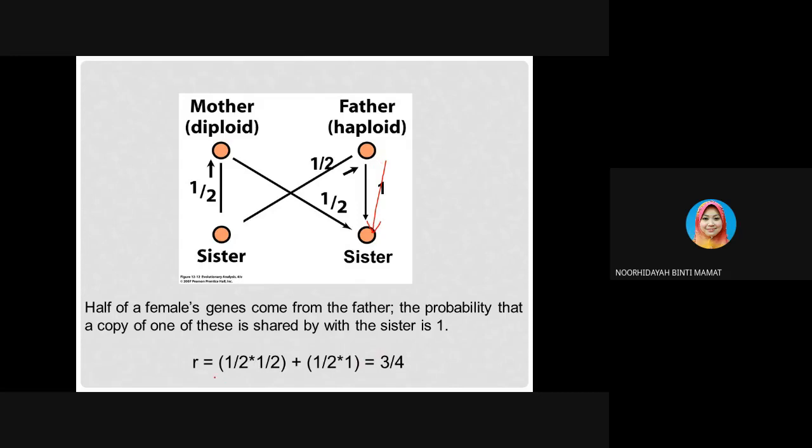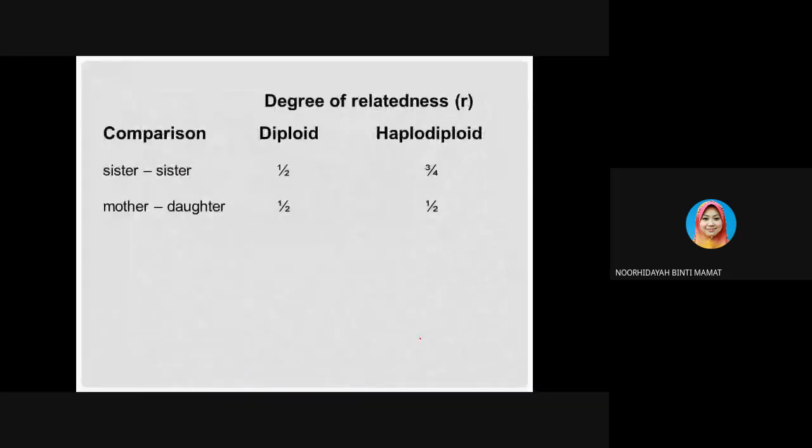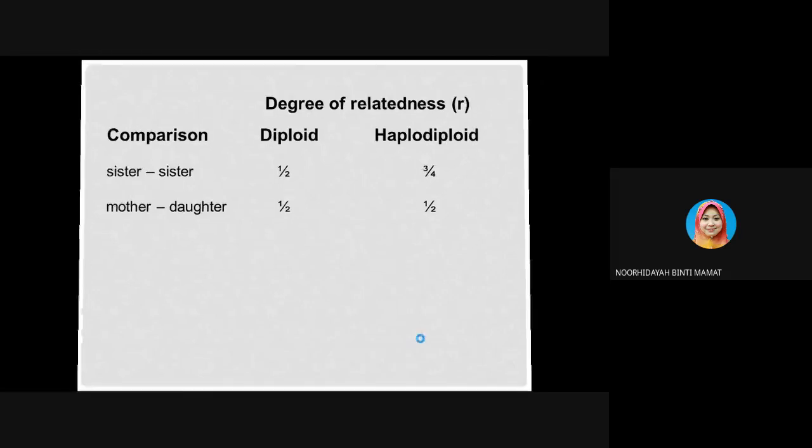So these are the numbers put into Hamilton's rule. The coefficient of relatedness of sisters is three quarters, which is bigger. For mother-daughter, diploid is half and haplodiploid is also half.